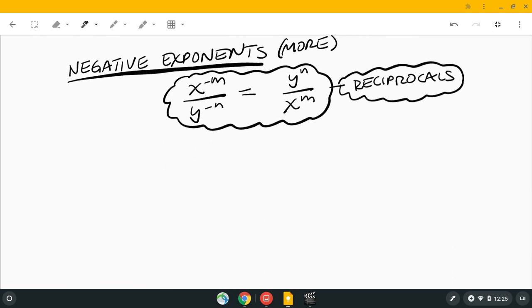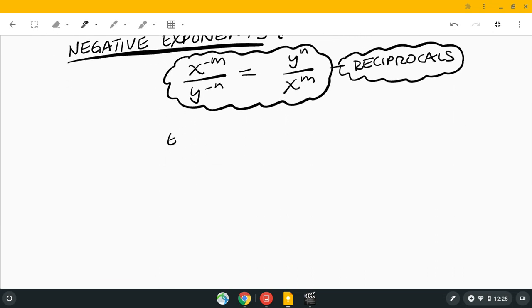Okay, so for example, if I have something like this, a squared, b to the negative 3, c to the negative 4, and d to the 5th power. Okay, so I see that this one has a positive exponent, so this will stay. This one has a negative exponent, so this is going to have to move.